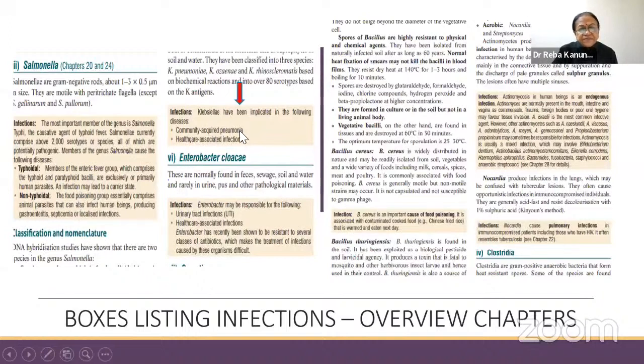It's the same way with Klebsiella and the actinomycetes. So for each of these bacteria, there are little boxes which tell the student where these organisms can be studied in detail and what infections they produce.